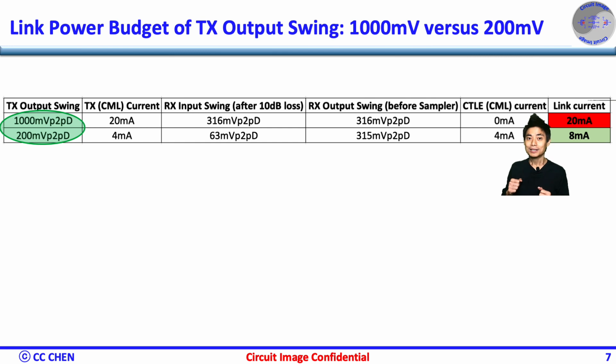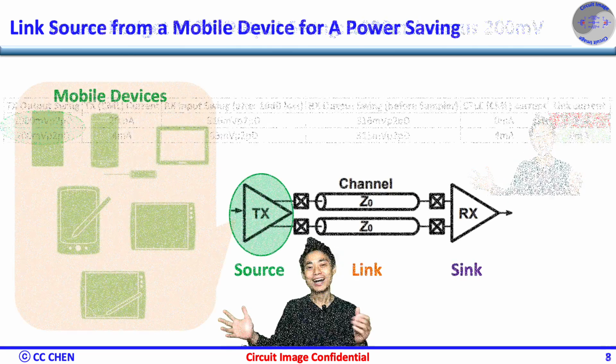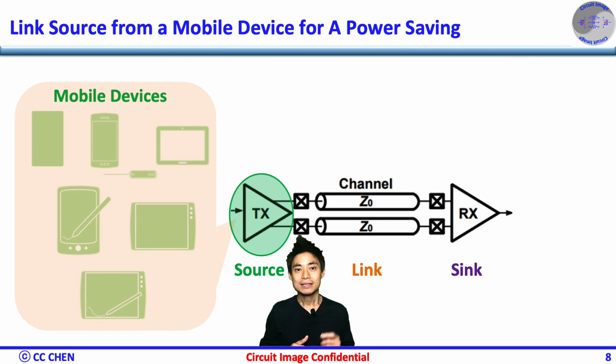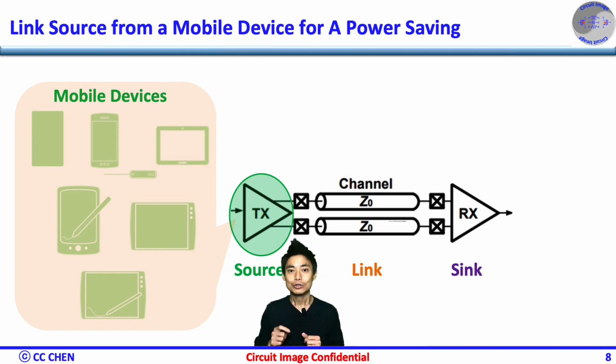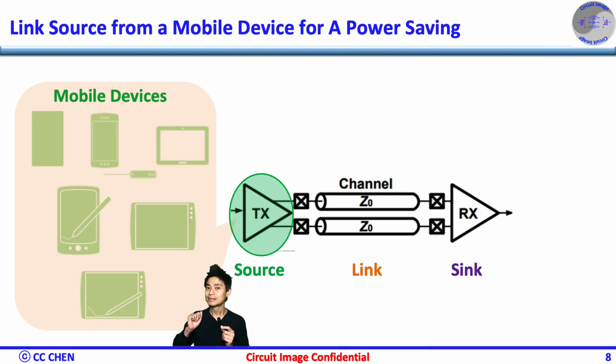In addition to the power budget at the link, do you see any power saving in a realistic application? Good. Sometimes the source of the link could be a mobile device, which requires a very low power mode in the TX driver.